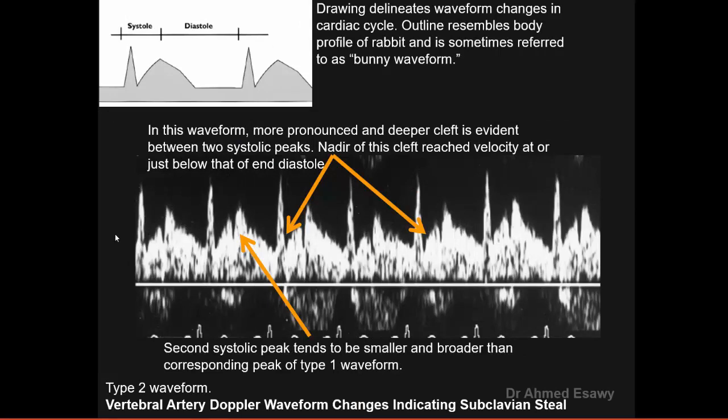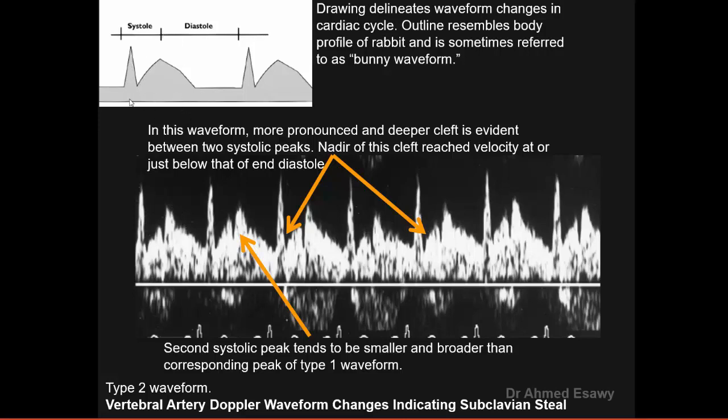Type 2 waveform, a vertebral arterial Doppler waveform change indicating subclavian steal. In this drawing, we see the waveform change over the cardiac cycle. This resembles the outline profile of a rabbit, sometimes referred to as the bunny waveform.